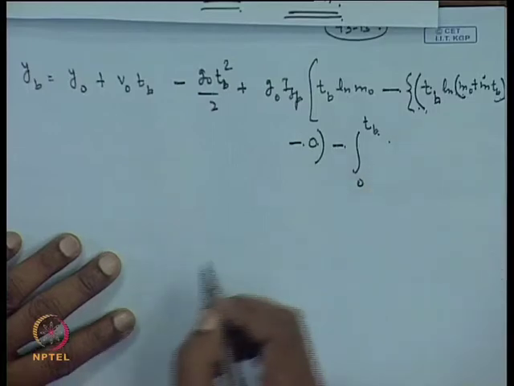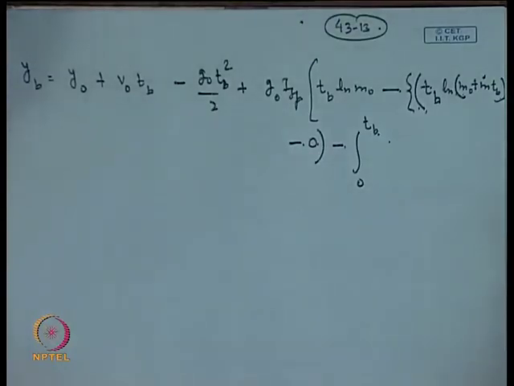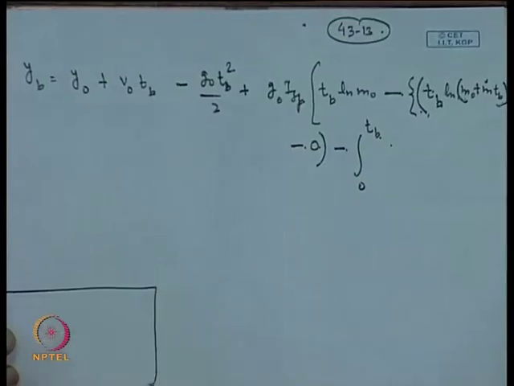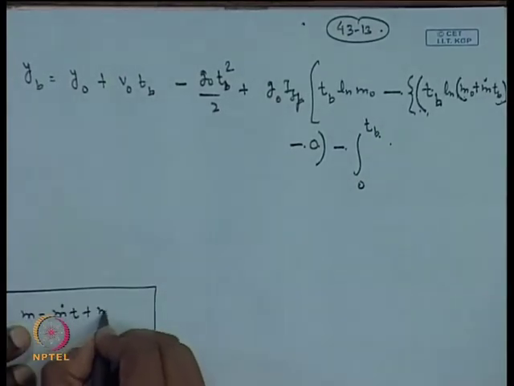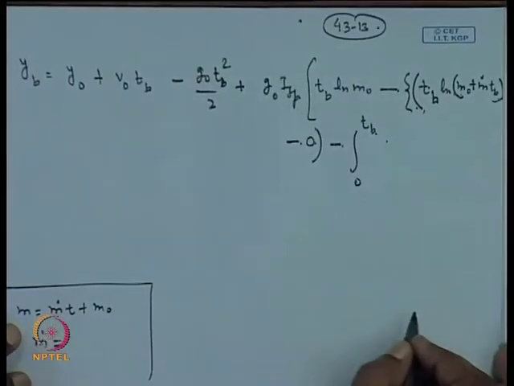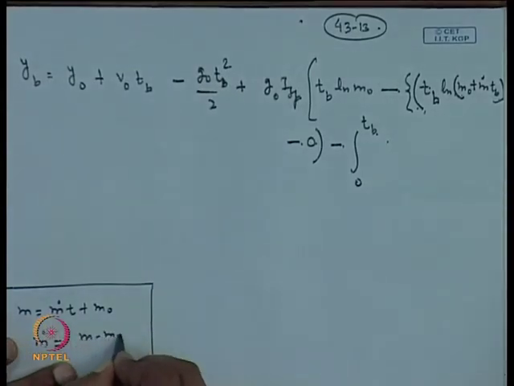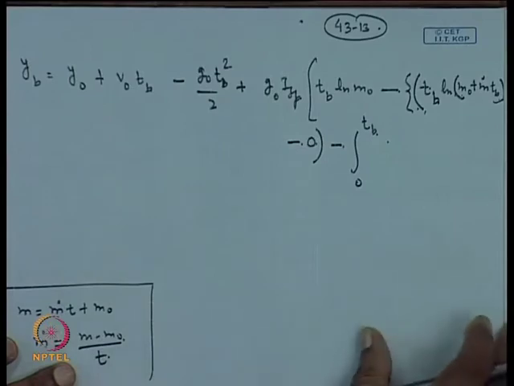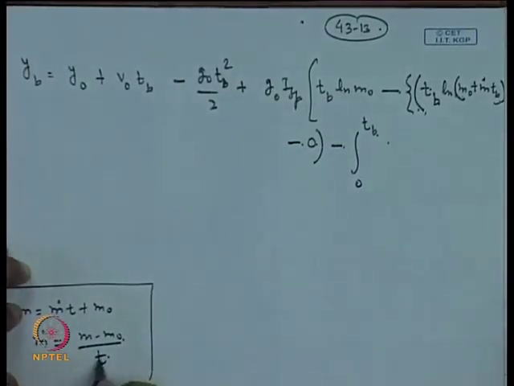Now, m is nothing but m dot T plus m 0. So, m dot can be written as (m minus m 0) divided by T. Or, you can say that m dot T is nothing but m minus m 0.